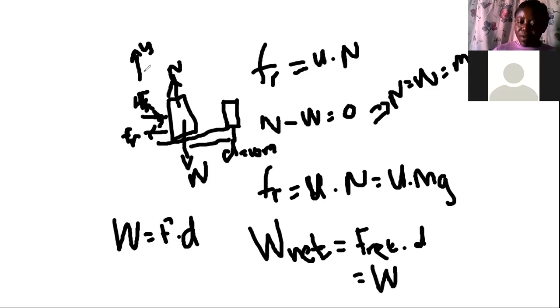By the force applied, okay, minus, because the work done by the frictional force is negative, minus the work done by the frictional force.